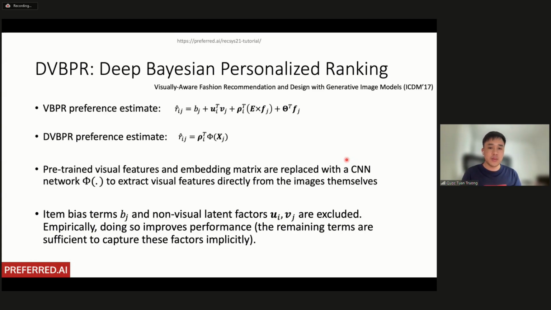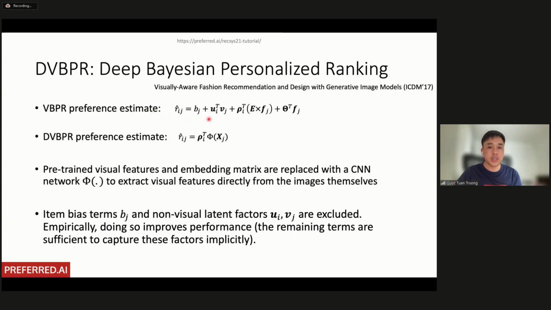We assume that we have more resources to train a bigger CNN, so we train a CNN to fit our problem instead of using a pre-trained model, which is trained on some other task. So that is the general idea.